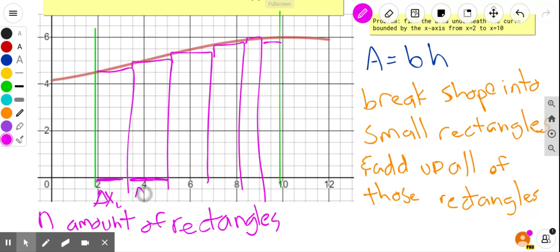And each of these will have the same space between them. Ideally, that's what it should be, where they all have the same delta x sub i.